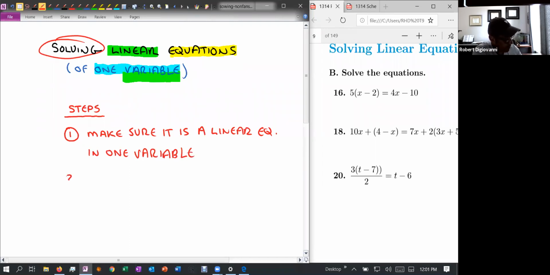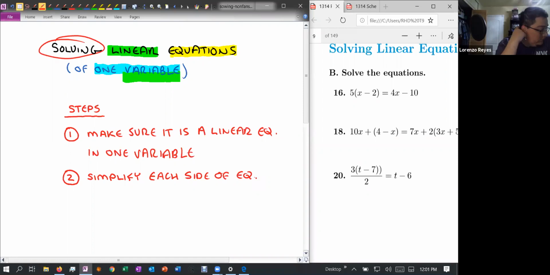Once you know that, the next step would be to simplify each side of the equation. Just putting EQ for equation. So we just got finished doing an entire section on simplifying, didn't we?